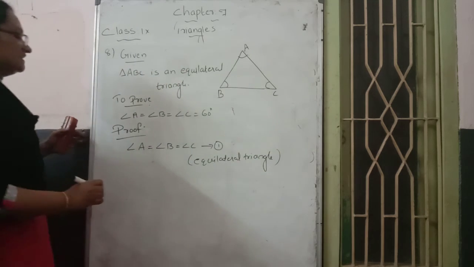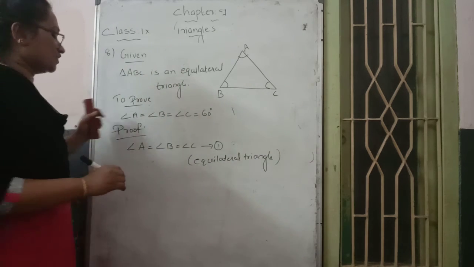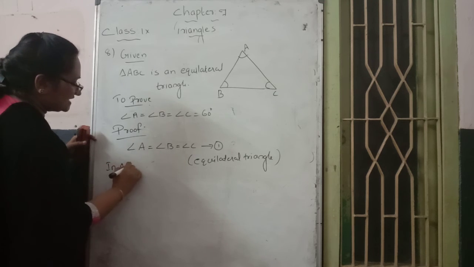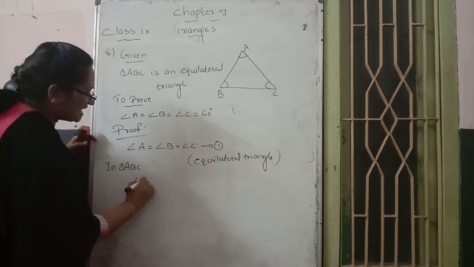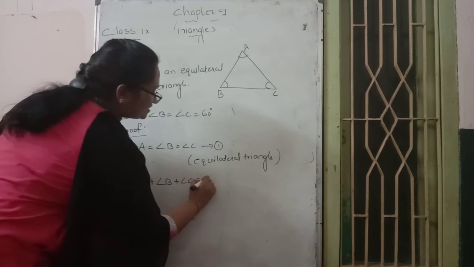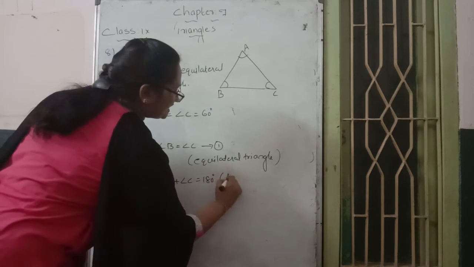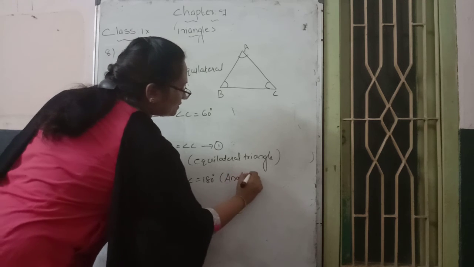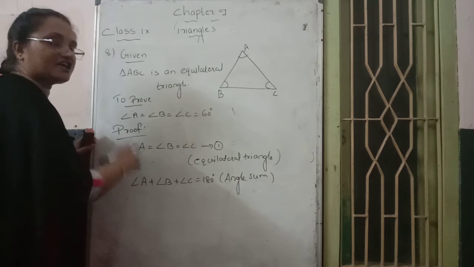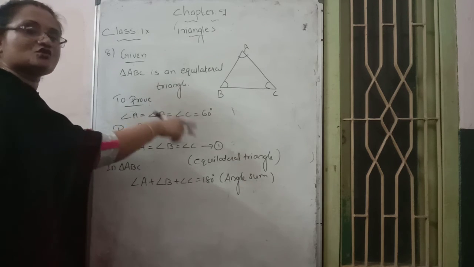Then here also we apply the angle sum property in triangle ABC: angle A plus angle B plus angle C is equal to 180. Which property do we apply there? The angle sum property.